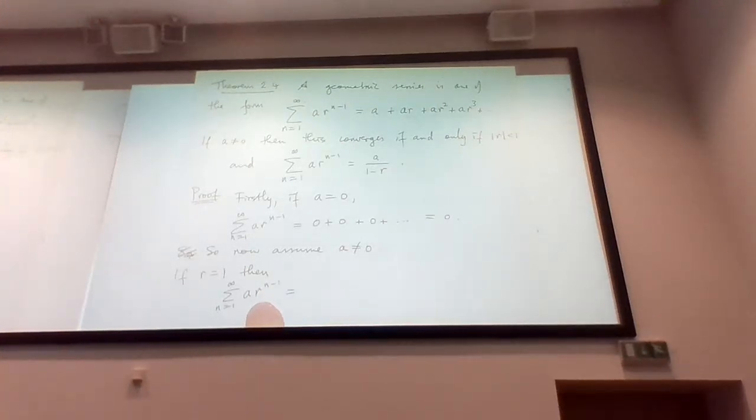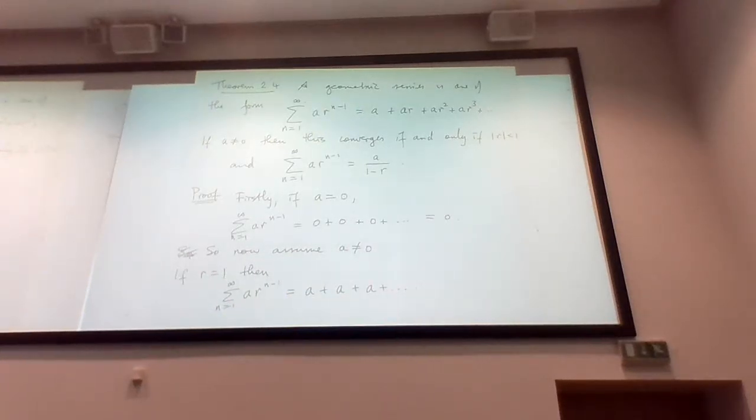If r is actually equal to 1, then these factors of r to some power don't make any difference at all, because it's always just 1 to some power. So there the series actually looks like a plus a plus a plus. So you're adding up an infinite number of a's. But we're now in the case that a is non-zero.